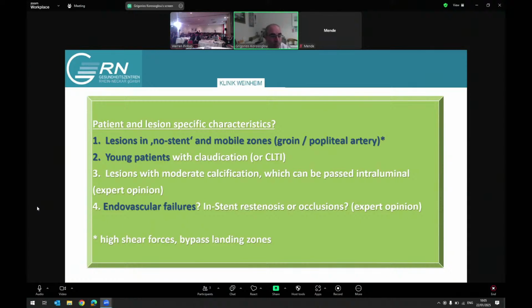Another indication may also be endovascular failure. So these are regions where we have already put a stent and we have stent failures in the mid or in the long term.